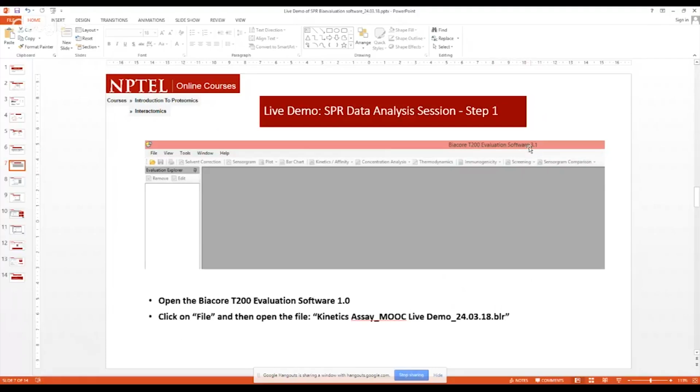I'm working off the version 3.1, which is a paid one that you have in the lab, but it is very similar to the 1.0 which was shared with you. So when you open the software, you click on file, and you open the file which says the data file, kinetics assay MOOC live demo. So this has also been shared with you.